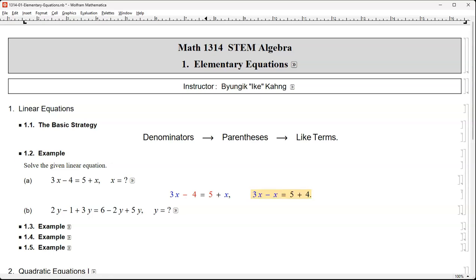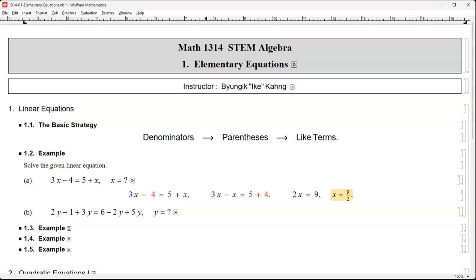Change the side, change the sign. 5 was there before, flip this negative 4 to the other side by adding 4 to both sides. So that results in sign change. Change the side, change the sign. So what do you have in the end? 2x is equal to 9, therefore x is 9/2. The final division will yield 9/2.